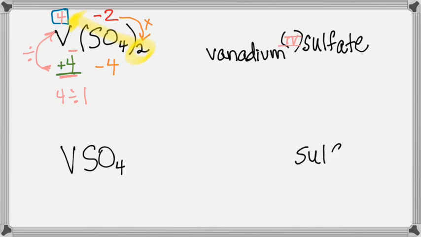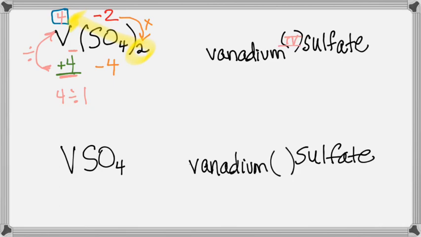It's still the sulfate ion, SO4. Still vanadium. We're just going to try to figure out what's the Roman numeral that goes in here. So let's go through our steps again. In your head, be thinking, what Roman numeral do you think is going to go in there? Is it still a 4? Is it a 2? A 3? What's it going to be?